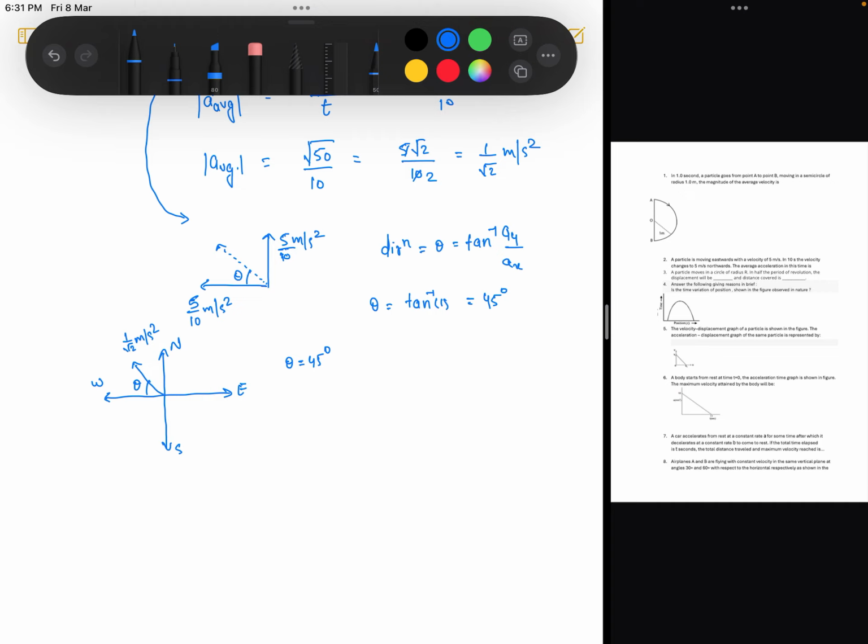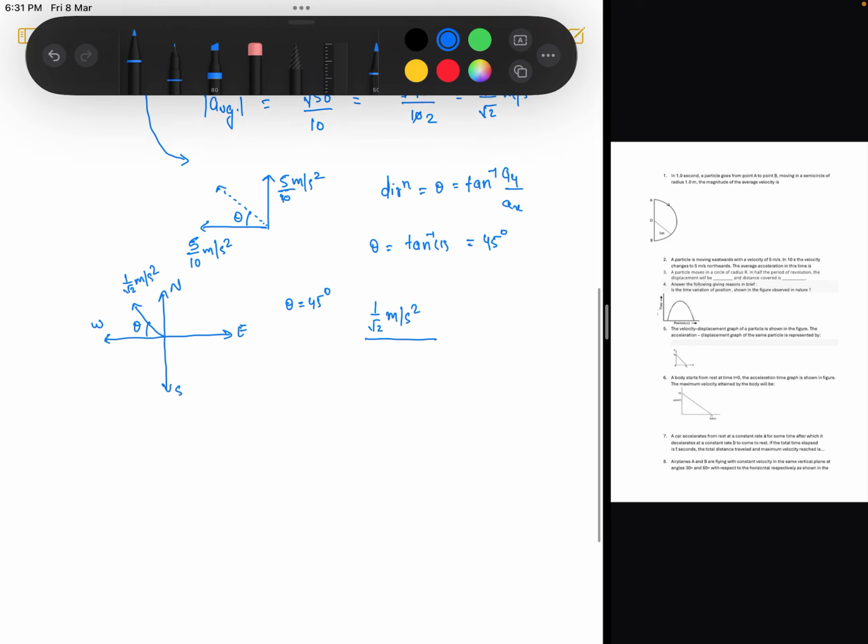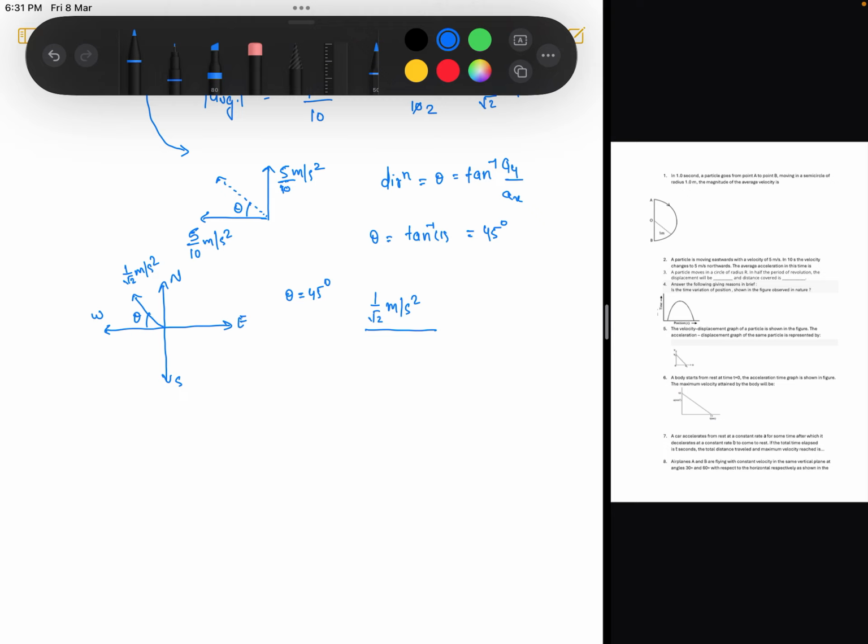So our answer will be 1 by root 2 meter per second square. This is the magnitude of average acceleration, and the direction of this average acceleration will be northwest direction.